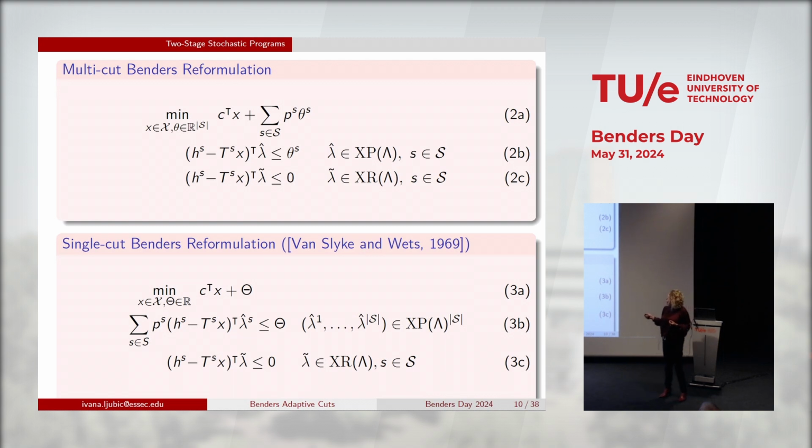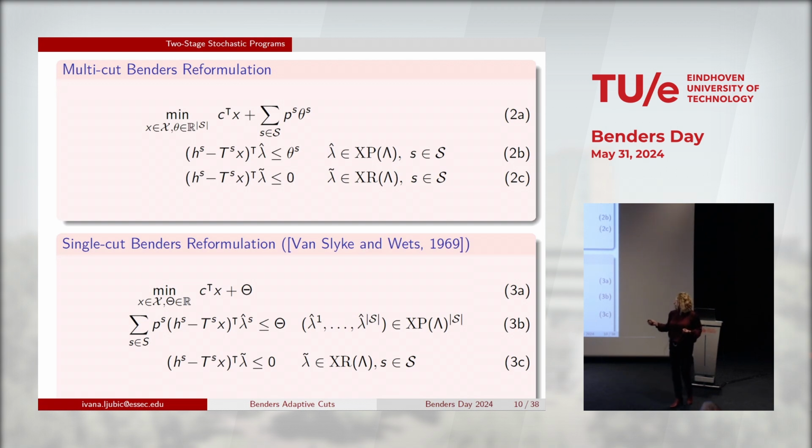So with the extreme rays, we are forbidding that the subproblem S is unbounded, so we are getting rid of infeasible points x. And with these constraints here, optimality Benders cuts, we are making sure that the value theta_s will be exactly the optimal solution value for the subproblem S.